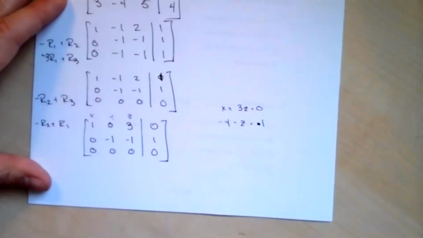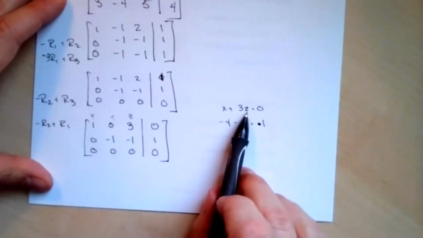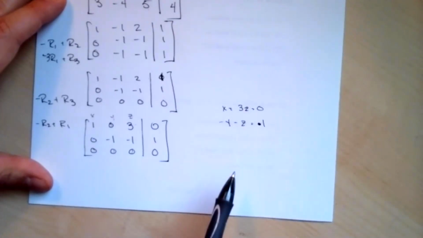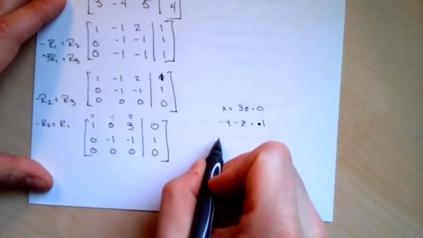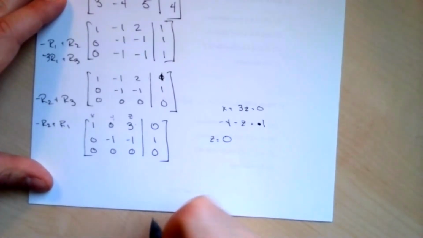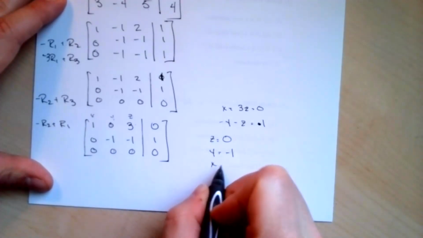So we want to pick non-trivial solutions, so we don't want all zeros. Though it does look like, depending on the constants, we can pick z equal to 0. So if we pick z equal to 0, that's going to tell us that y is equal to negative 1 and x is equal to 0.